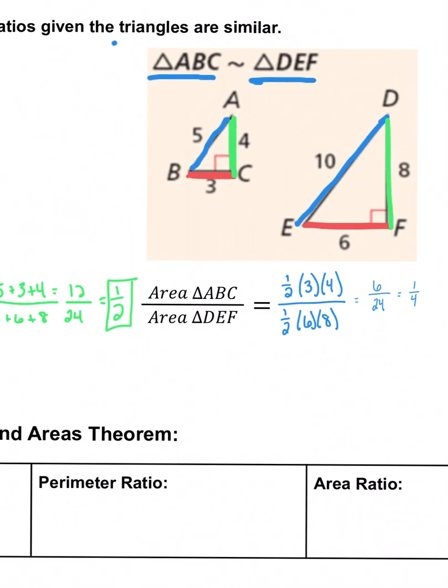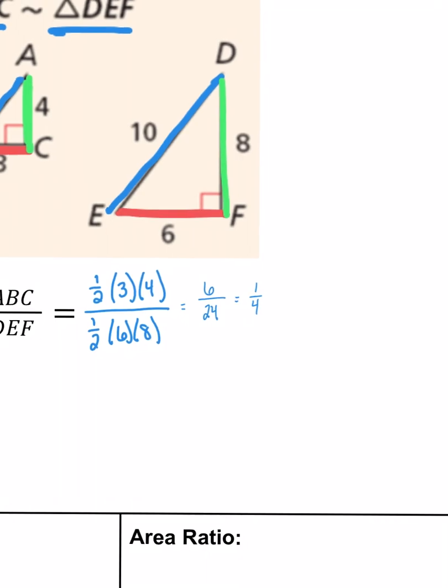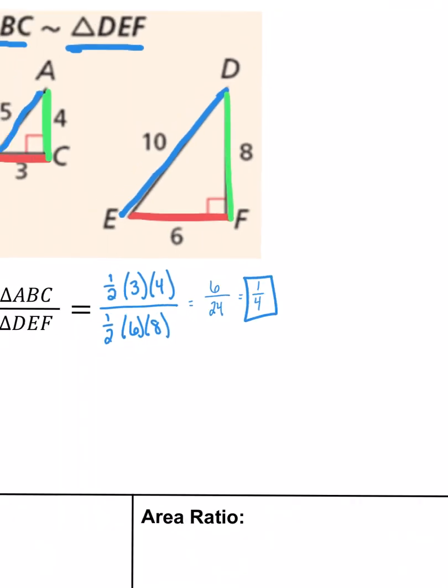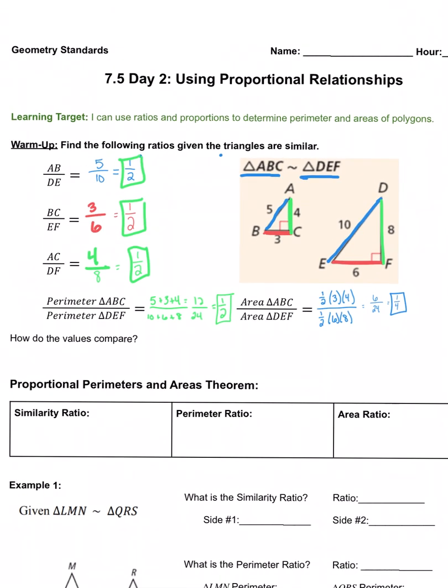So if you notice, and that's super important, this one is different. How do all of our values compare? You should see that all of the green ones, those were the same, but area was different.